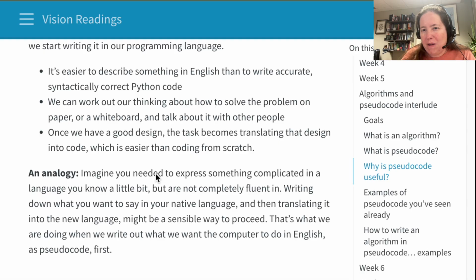You might not want to just jump into that conversation and wing it. What you might choose to do is to sit down and write out in your own native language what it is you need to say, and then translate that before you start your conversation. So, sort of the same thing that we're doing here. Figure out what it is you want the computer to do in pseudocode, and then translate that pseudocode to Python.